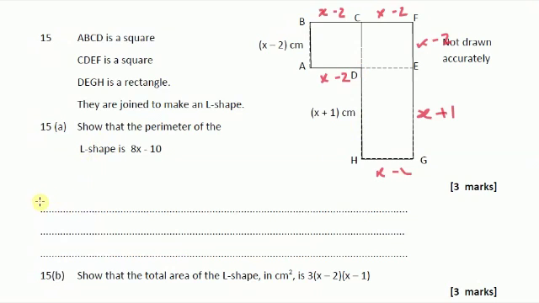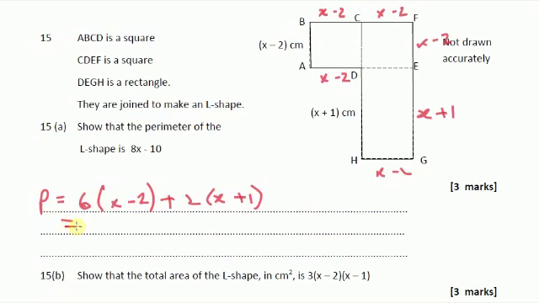So we've got all the sides now of the L shape, and we can write down the perimeter. Got 1, 2, 3, 4, 5, 6 lots of x minus 2, plus 2 lots of x plus 1.